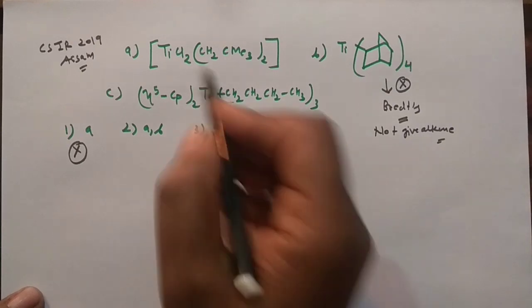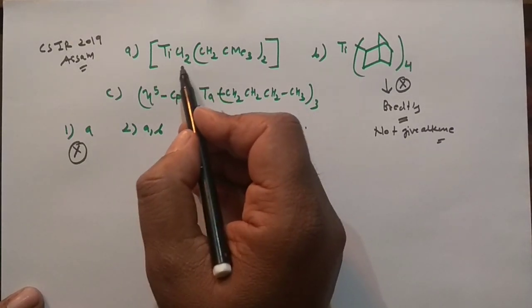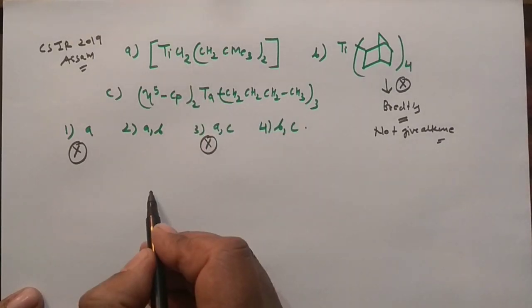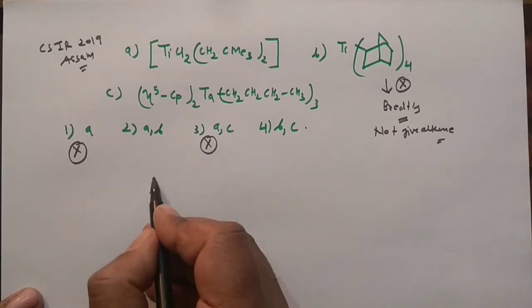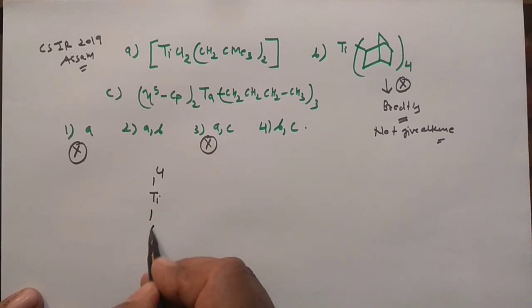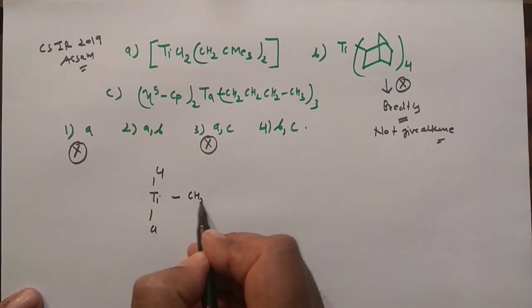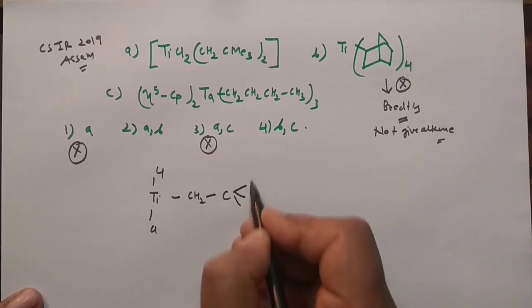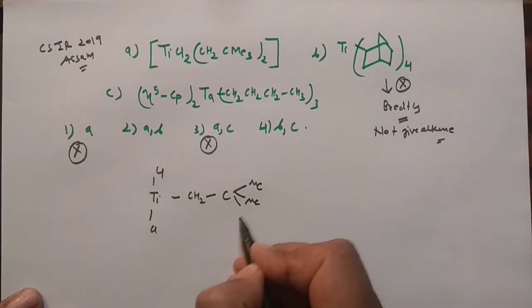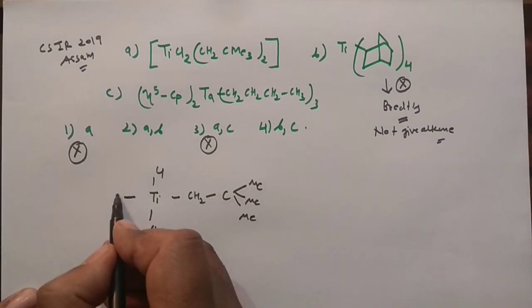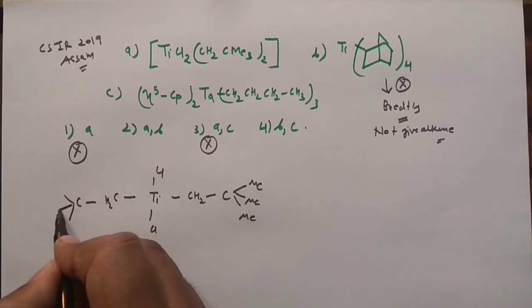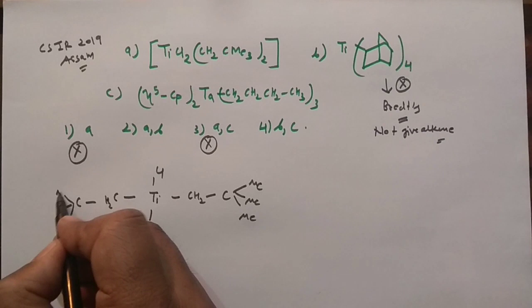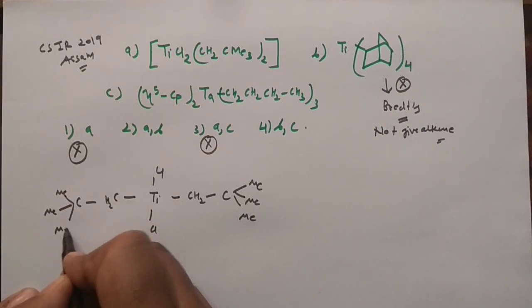So now you can go for A. If you draw the structure of A, you can see titanium and 2 chlorines placed just like that. Then your CH2, and you can put 3 methyls over there, and this is CH2, and with this carbon you can put 3 methyls over there, Me, and Me.